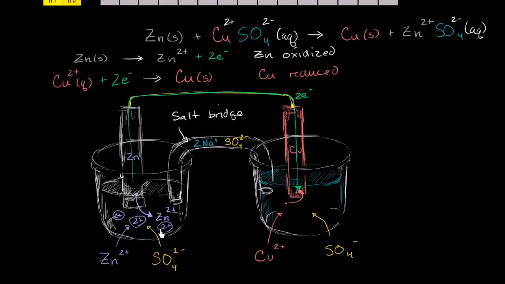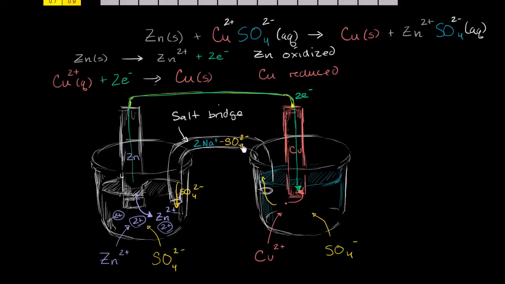Well, as this becomes more and more positively charged, as more and more positive zinc ions go into the solution, the negative sulfate ions are going to want to leave all of their negative friends right over here, go into the salt bridge, and then the ones that are already in the salt bridge are going to want to come out here.